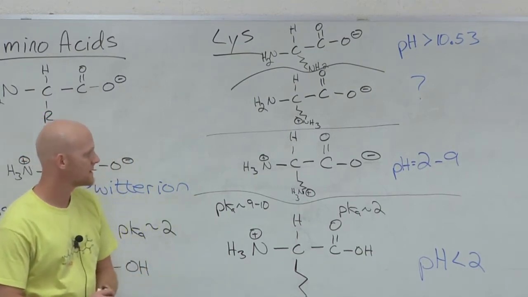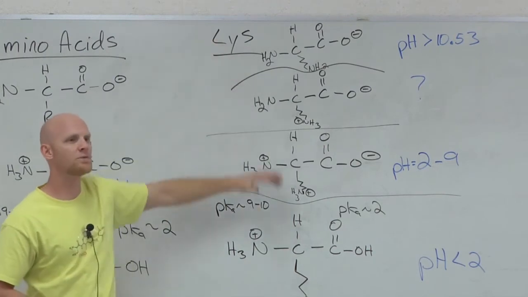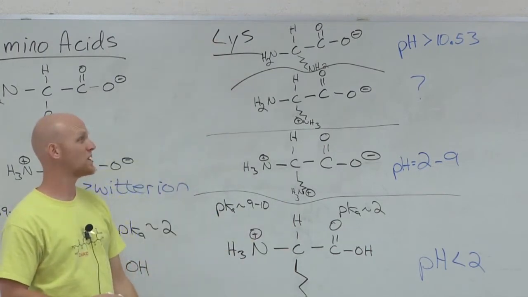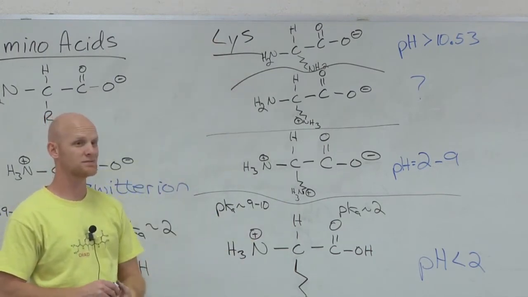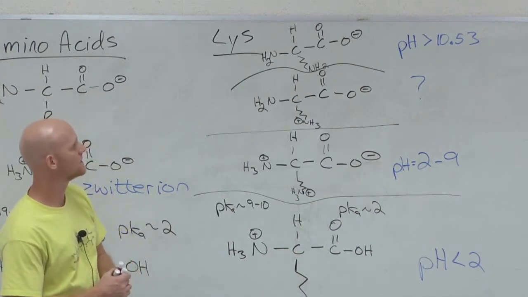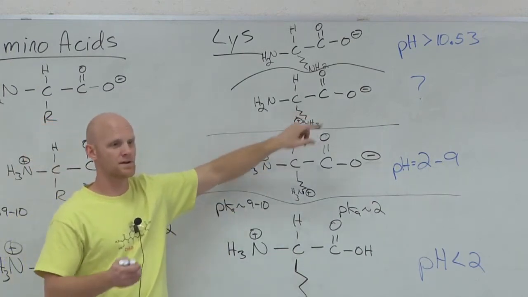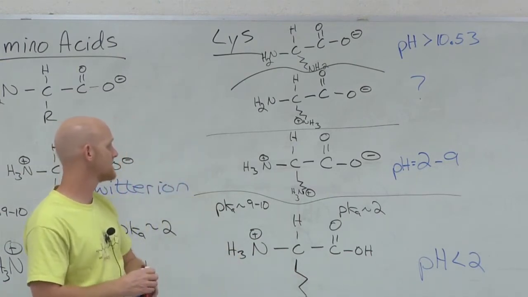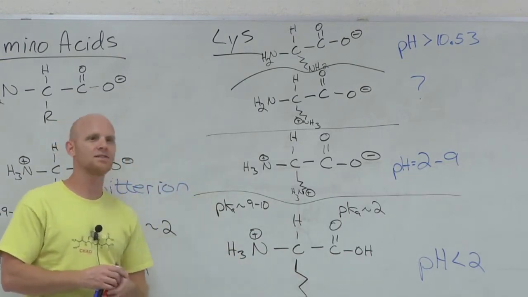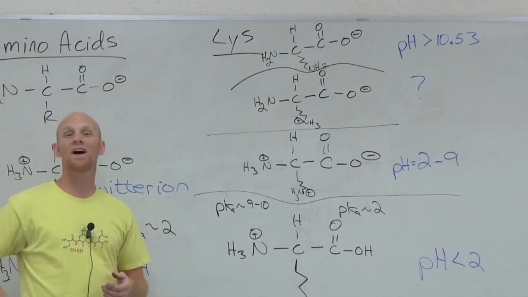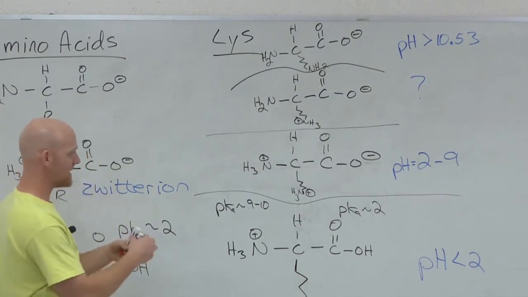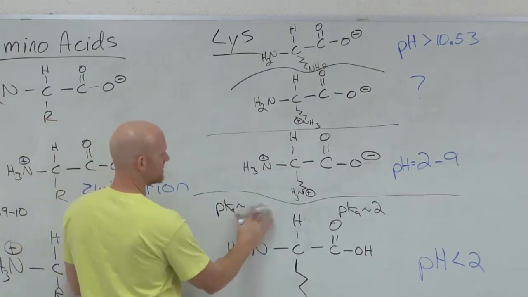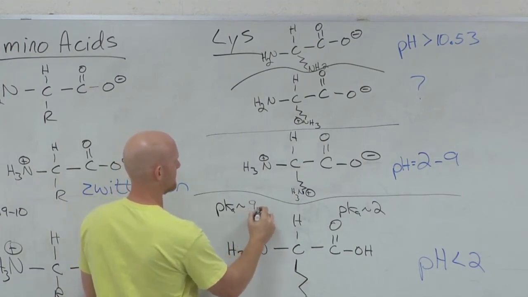So what you need to do is find out where this thing has 0 charge. And so in this case, where does this thing have 0 charge? So this one right here. And in this case, we're going to have to get a more specific pKa for this. So for the pKa of the lysine amino group, I'm just going to take a wild stab and say, instead of saying 9 to 10, we're just going to pick a nice even 9.5.